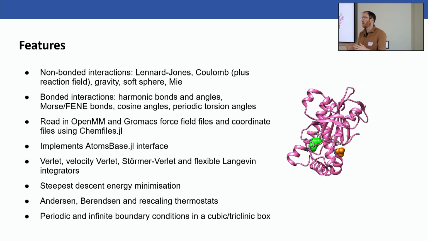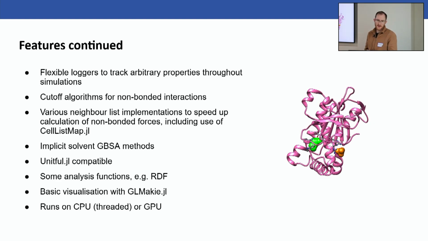We've got various integrators, simulators, energy minimization, various thermostats for temperature coupling, and then you can simulate in cubic or triclinic box with periodic or infinite boundary conditions. You can log properties throughout your simulations and various other bits.